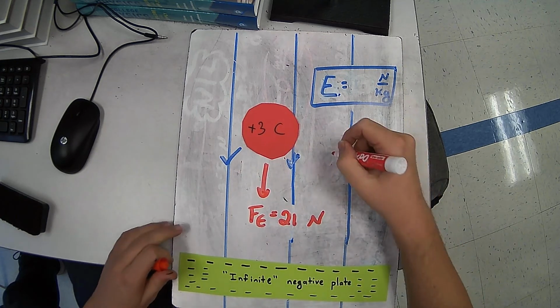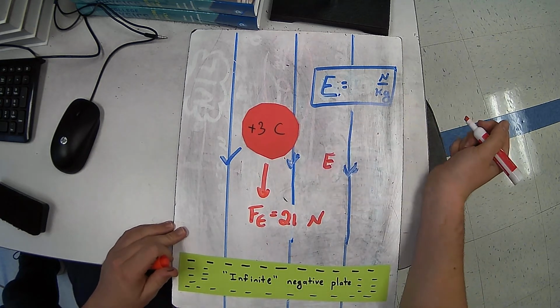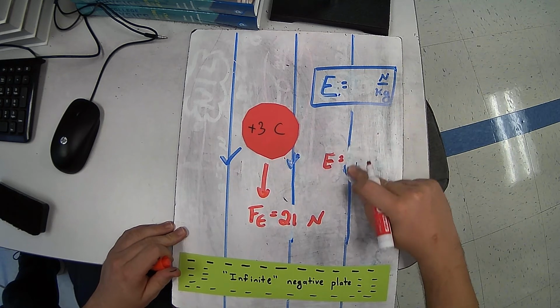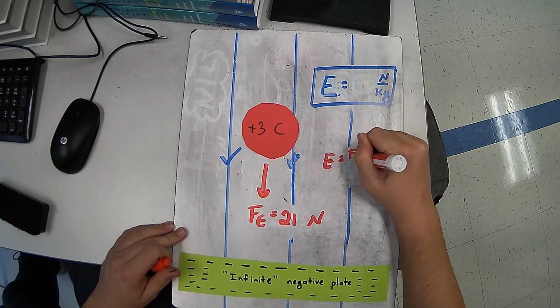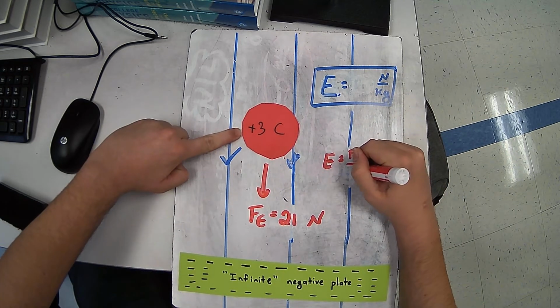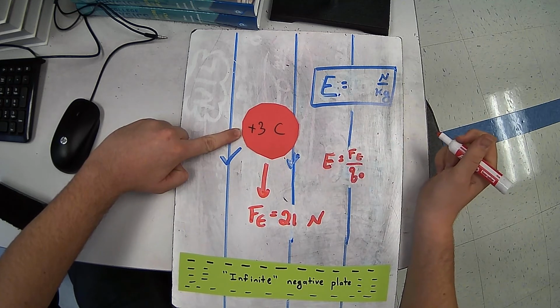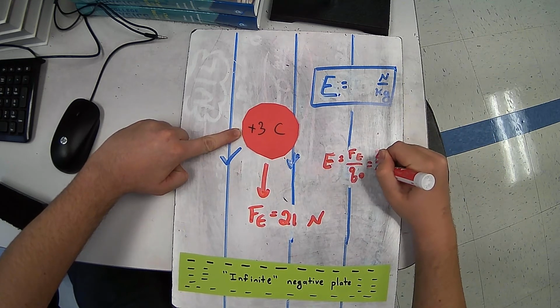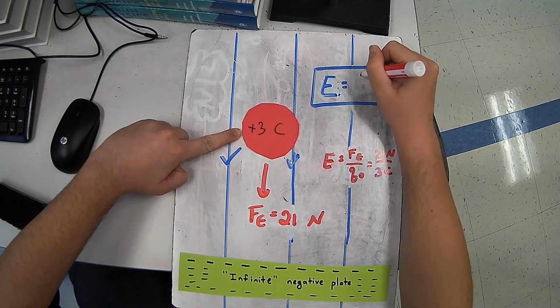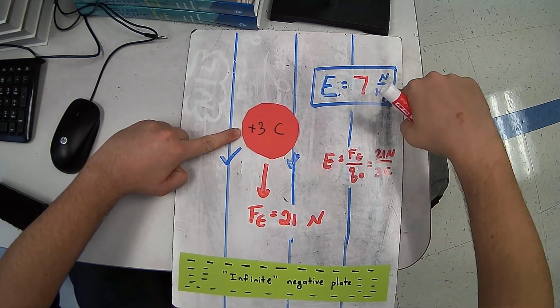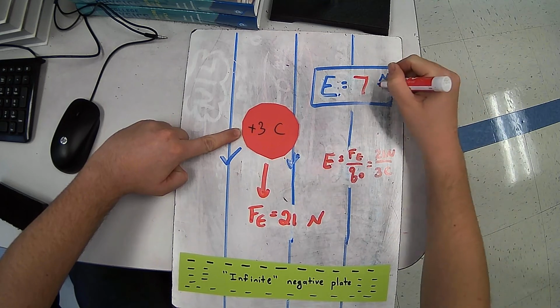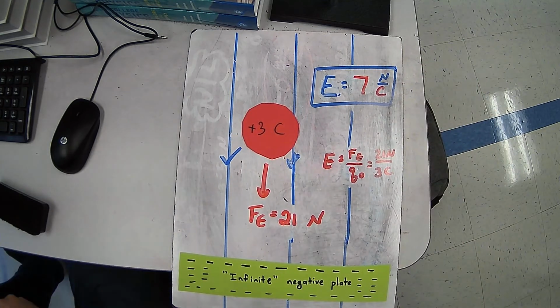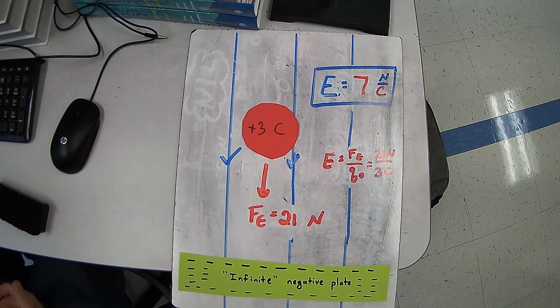That must mean that the electric field, we'll use capital E for that, is equal to the electric force divided by the charge of that test object, we'll call Q naught, which will in this case equal 21 newtons per 3 coulombs, or 7, not newtons per kilogram anymore, because we're not talking about gravity, but newtons per coulomb, because we're talking about the electric force.